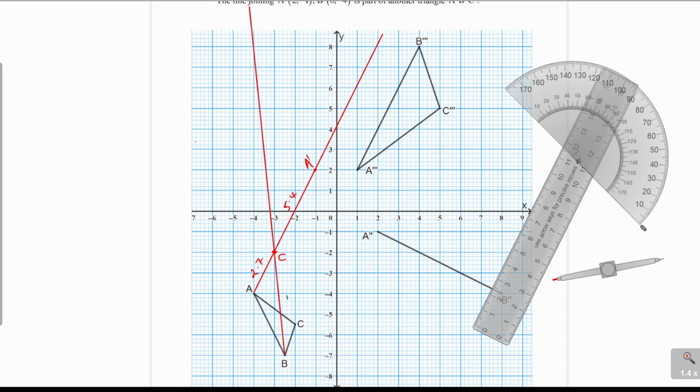And then take that distance from B to the center of enlargement, and then double that distance, and now measure this distance from here all the way to that. So let me use a ruler for that.